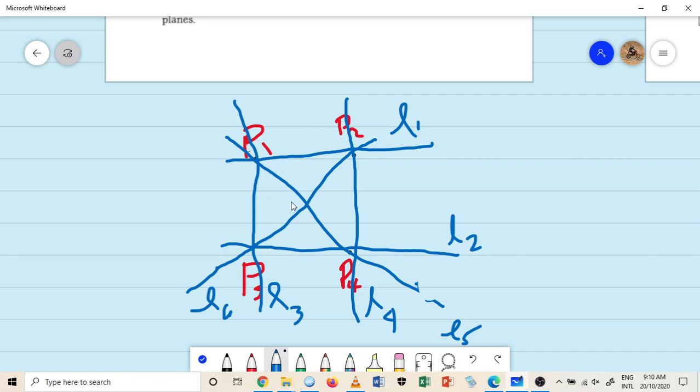This is just for illustration purposes. Take note that it is not necessary that there is a point contained by both L5 and L6. Again, this here is the point P4, this is point P1, this is point P2, and this is point P3.